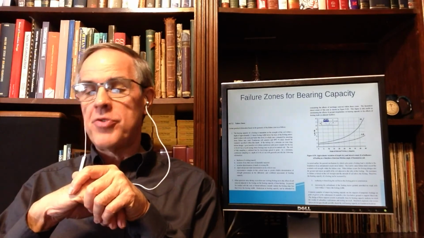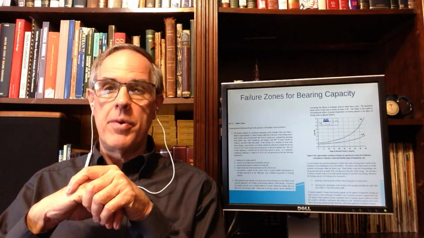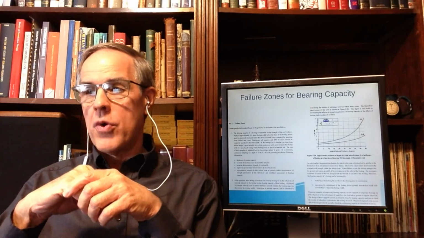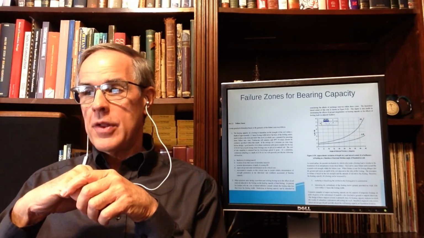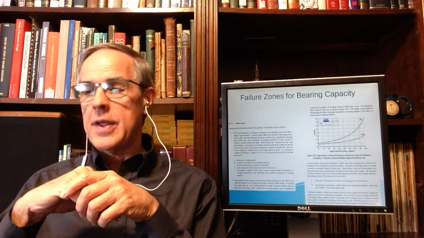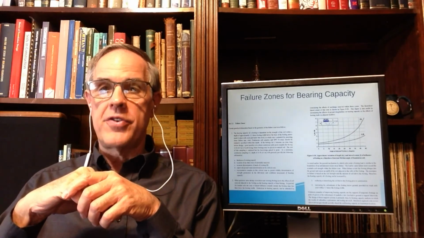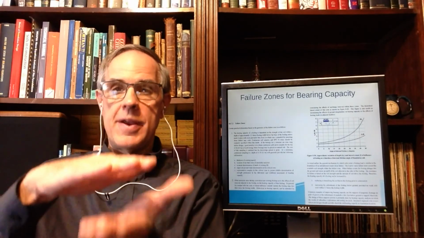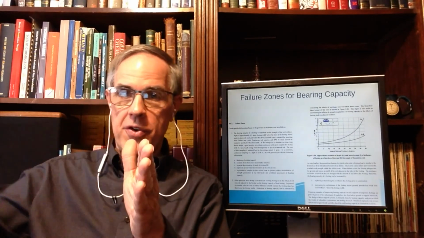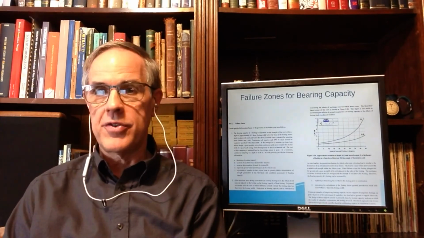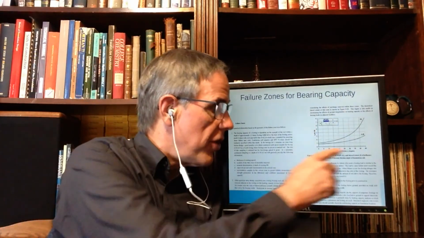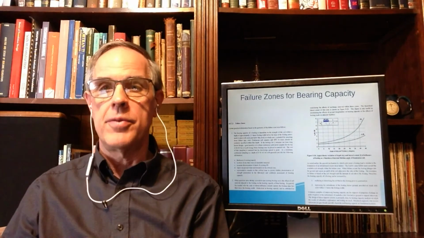The general upshot, and I would read this part of the book, is that the higher the internal friction angle of the soil, the deeper the failure surfaces go and the further away from the foundation they go. There actually is a little chart here which shows you the relationship between the two.